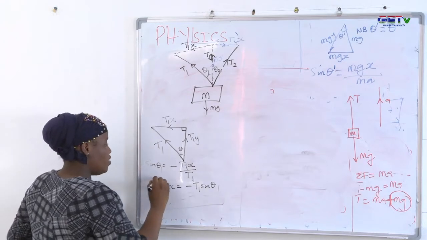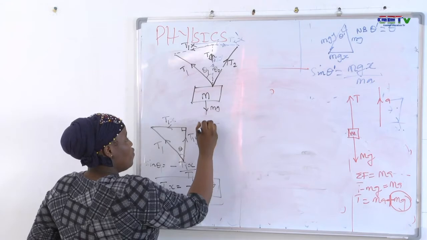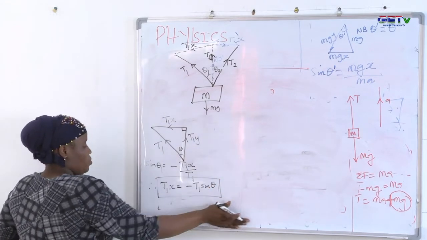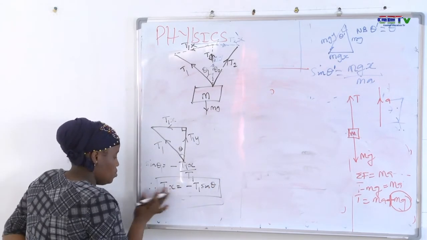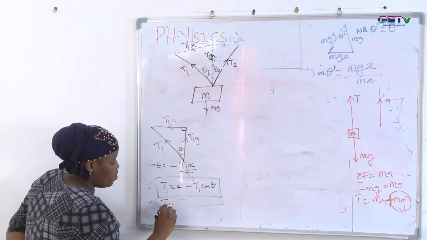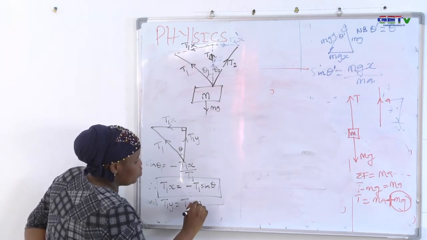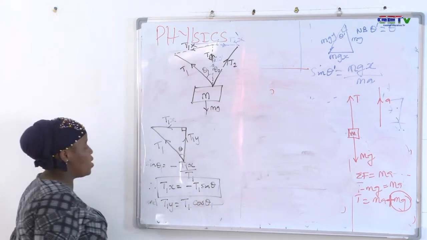That's the magnitude of T1 of x. And T1 of y will be T1 times the cosine of theta 1.